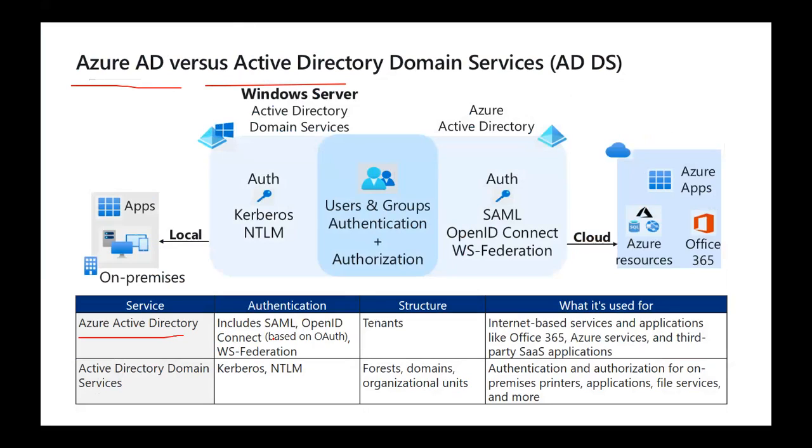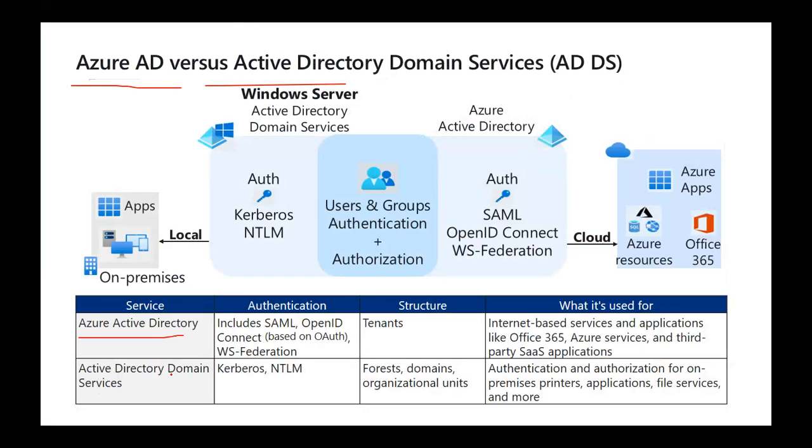For example, we can provide cloud authentication or hybrid authentication if we want to work with our Active Directory services on premise. So we can mix the cloud services with our on-premise services and make that hybrid environment.